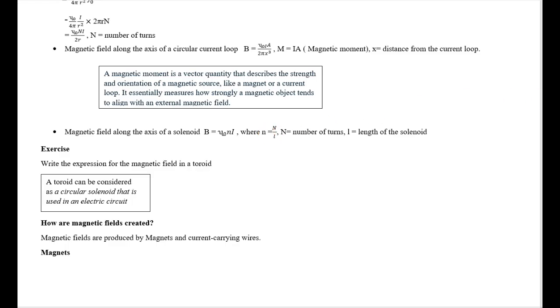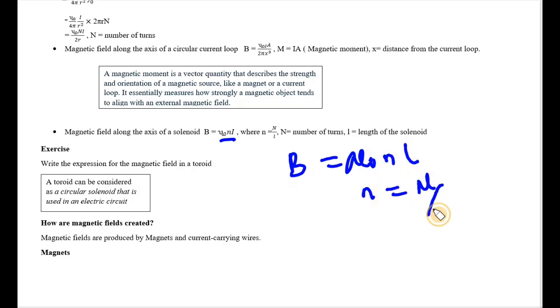So to find the magnetic field along the axis of a solenoid, which is a coil of wire, we use this, that B equals mu naught n I, where this n is the number of turns per unit length. So if this is a solenoid, of course, a solenoid is a coil of wire, of N number of turns.